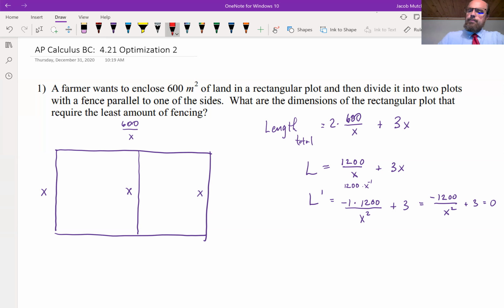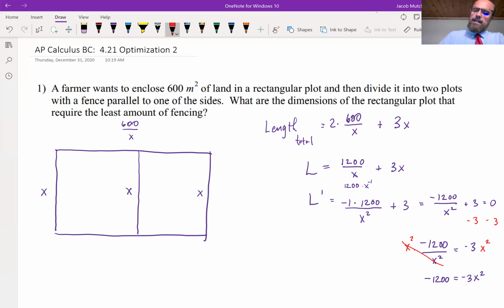So then I want to solve this. I'll start by subtracting 3 from both sides. And that'll give me negative 1,200 over x squared equals negative 3. To cancel the denominator x squared, I can multiply both sides. And that'll give me negative 1,200 equals negative 3x squared.